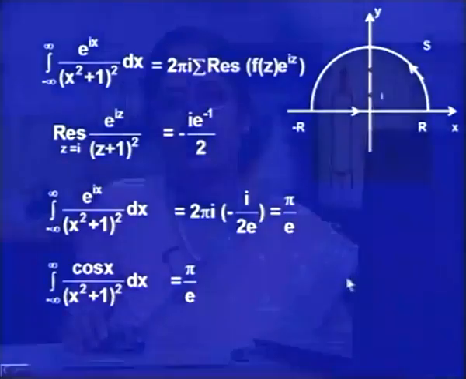So, today we learned that if our improper integrals are of the form where the integrand we could write as f(x) into cos s(x) or f(x) into sin s(x), and if our integral is from minus infinity to plus infinity, that is again an improper integral, then we can use this residue theory again.